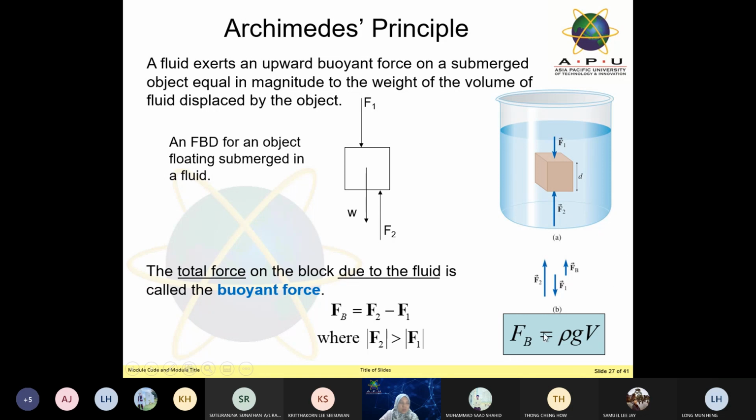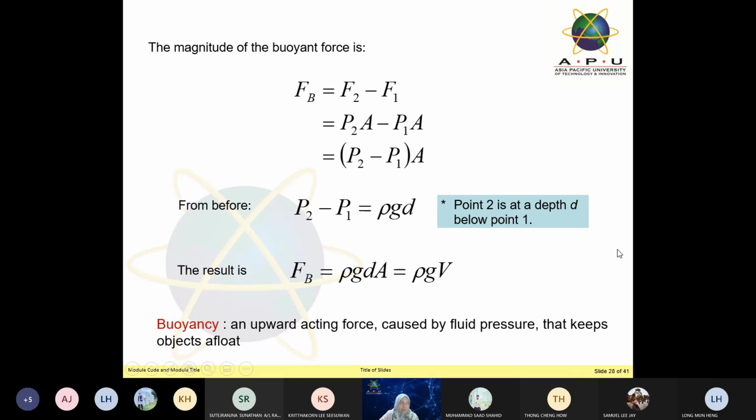We need to know it to substitute into the formula. Next, the magnitude of the buoyant force is FB equal to F2 minus F1. So P2 A minus P1 A. Since the object has one force up and one down, so (P2 minus P1) times A.